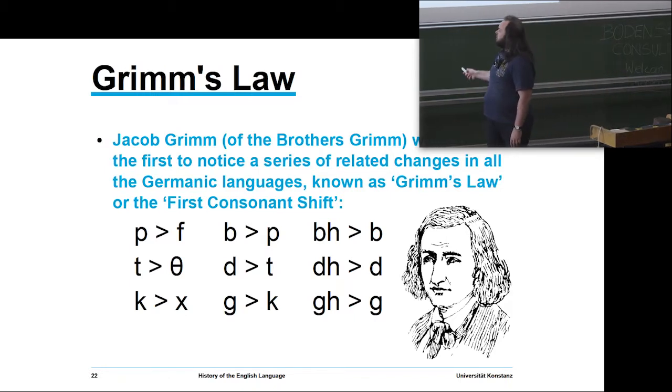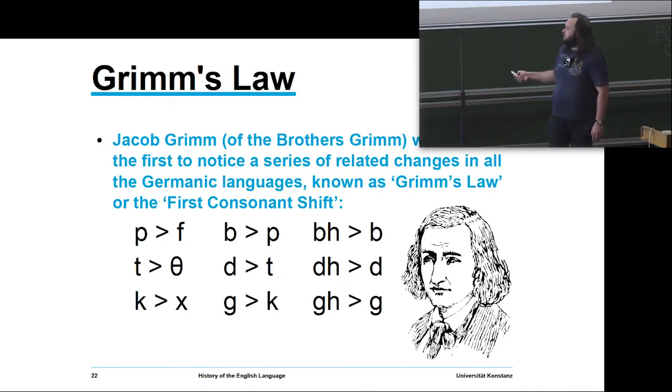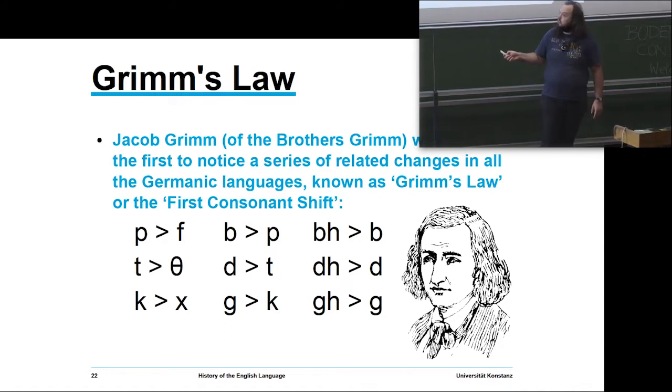As you can see, these are not coincidentally related sounds. A bit of basic phonetics will tell you these are all the voiced stops. These are all the voiceless stops. These are all the voiced stops. These are actually voiced aspirated stops. But they're not completely arbitrary sets of sounds.